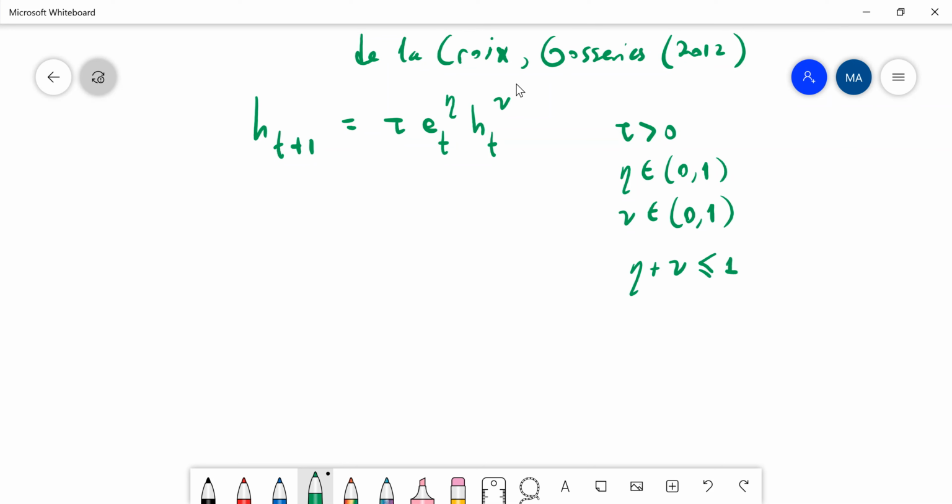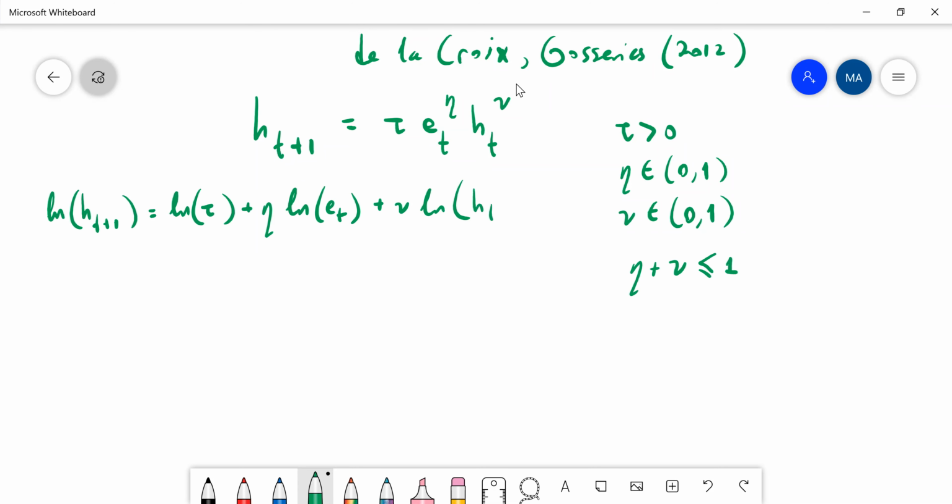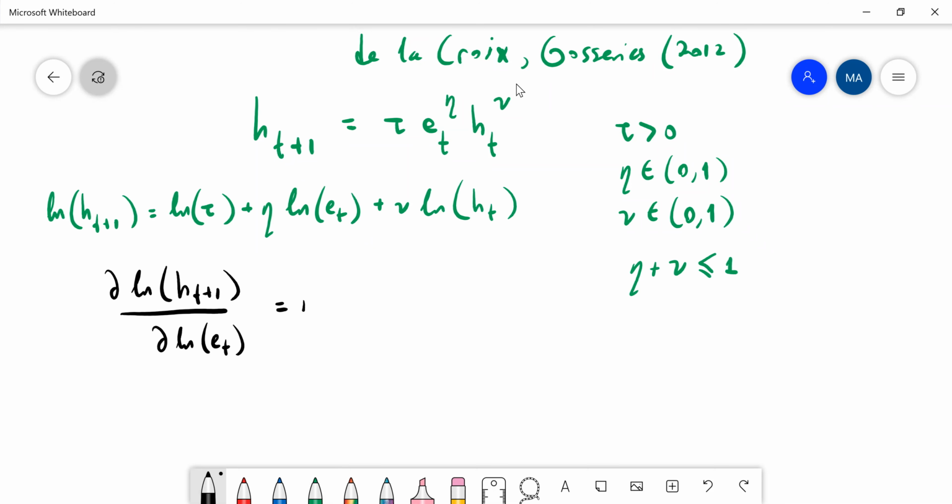When you look at it this way, if you take logs, you get ln tau plus eta ln et plus nu ln ht, right? Now the derivative of ln ht plus 1 with respect to ln et is equal to eta, right?